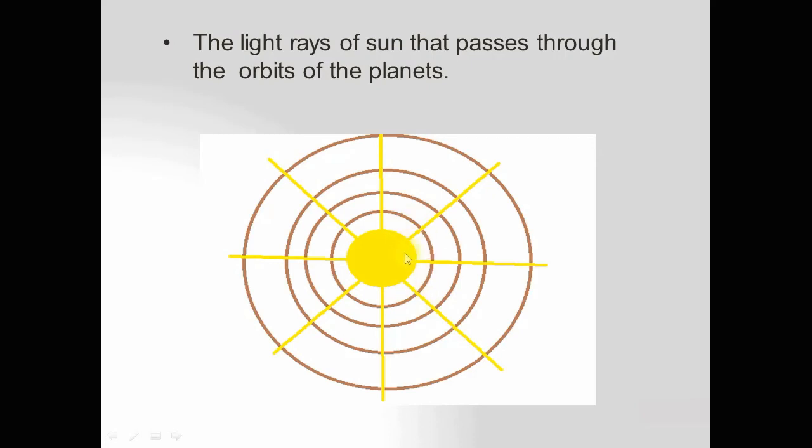In other words, we can say that this family of light rays of the sun intersects the orbits of planets at a 90-degree angle. So the yellow color curves are called orthogonal trajectories for the family of curves which are represented by the orbits of planets.